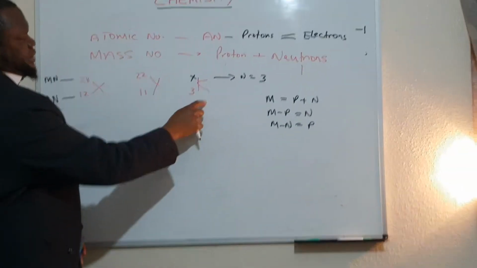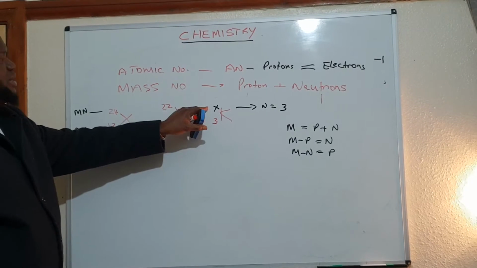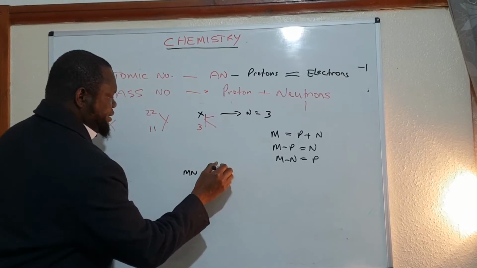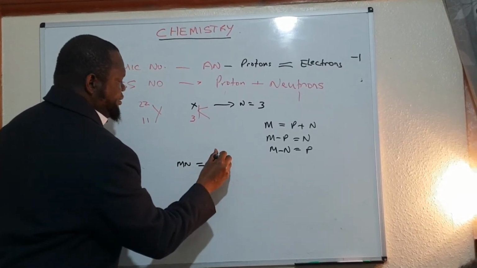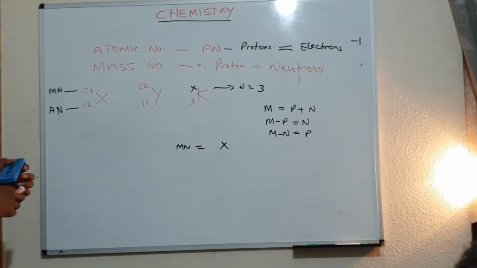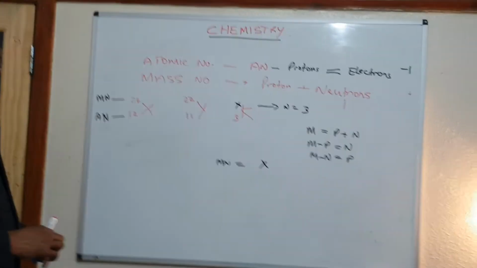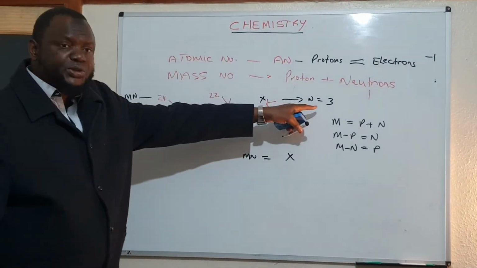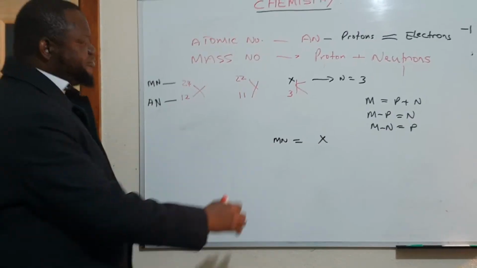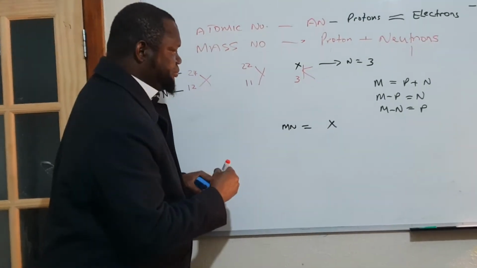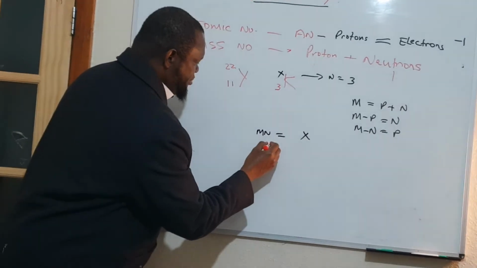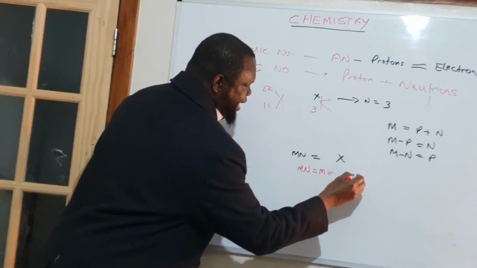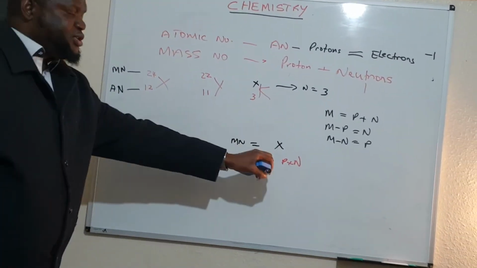Now look at this one. We don't know the mass number. It's X. X means unknown, isn't it? But we know that the number of neutrons is equal to 3. So we said mass number M is equal to proton plus neutron.